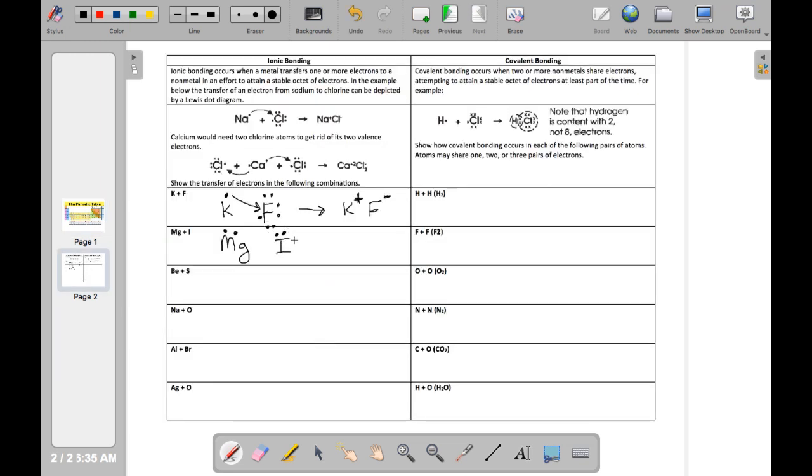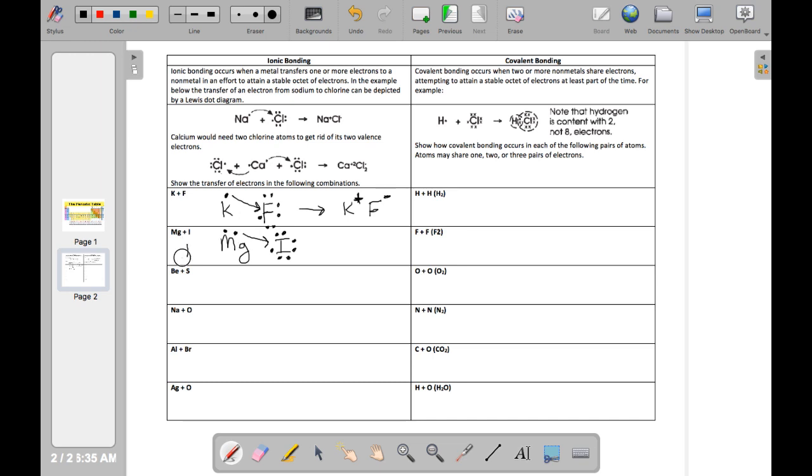And then you get in touch with your inner Bob Ross and just make these little dots. We have 7 valence electrons. Well, now we have a problem. This will lose 1 over here, but where's this other one going to go? So we're probably going to need another.